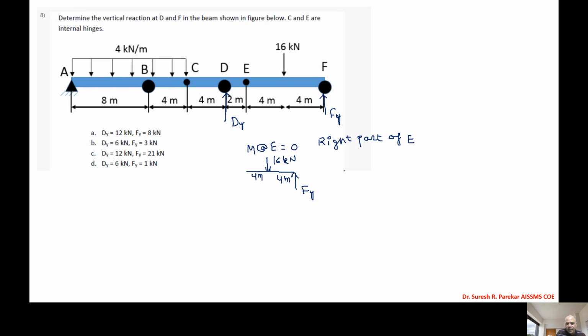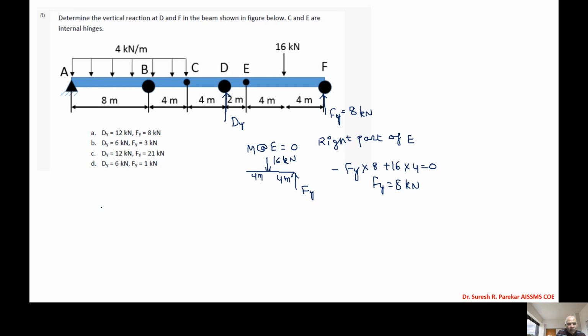Then we get minus Fy into 8 plus 16 into 4 equal to 0, and we will get Fy equal to 8 kilonewton.